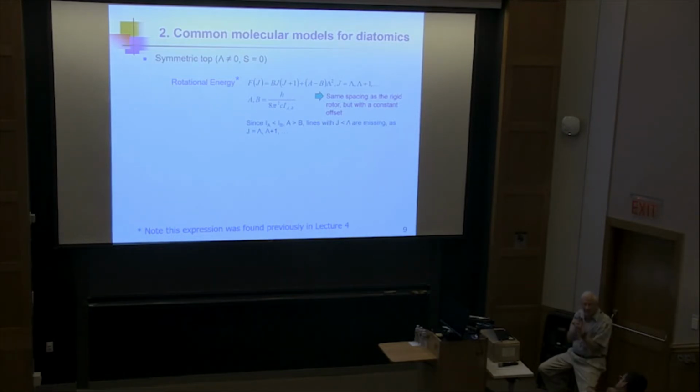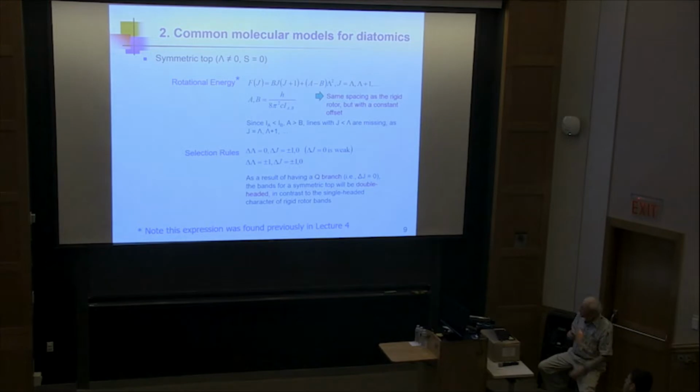Remember, we have J and K. K can be all the way up to J, but not more. J has to be equal to K or bigger. That's all that is. So this means that certain lines will be missing when we look at the spectrum. So this expression right here is completely analogous to our polyatomic model for the symmetric top.